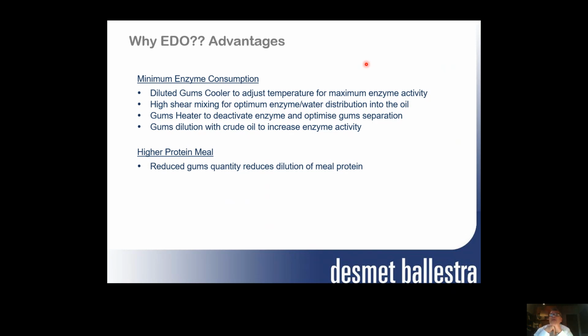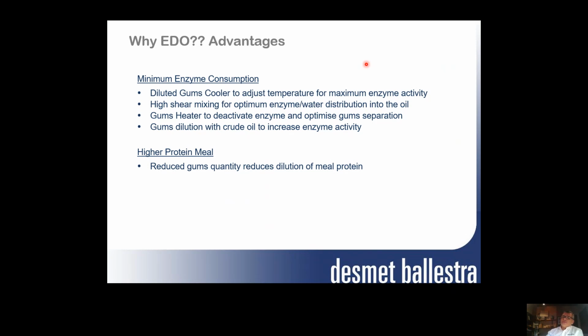It is high shear mixing to optimize enzyme and water distribution into the oil. But gum heaters deactivate the enzymes and optimize the gum separation. That's at the end of the process. And gums dilution with the crude oil is to increase enzyme activity as well. That's at the beginning of the process.